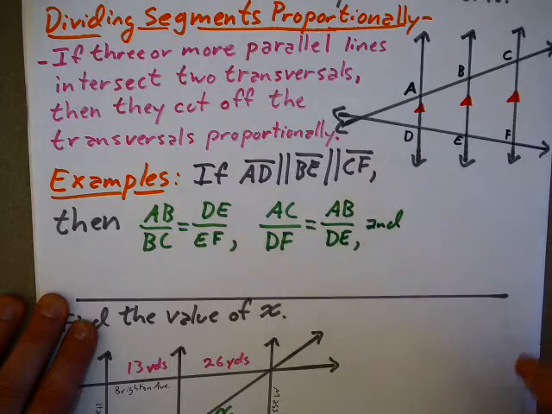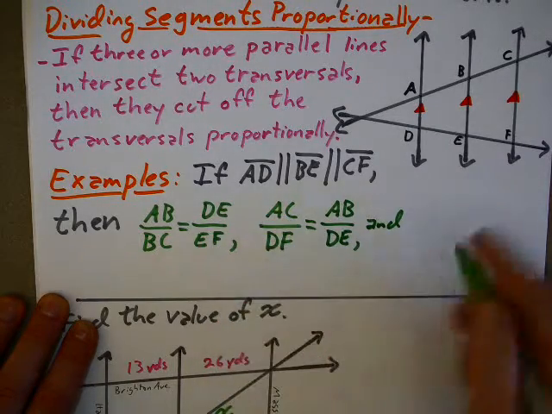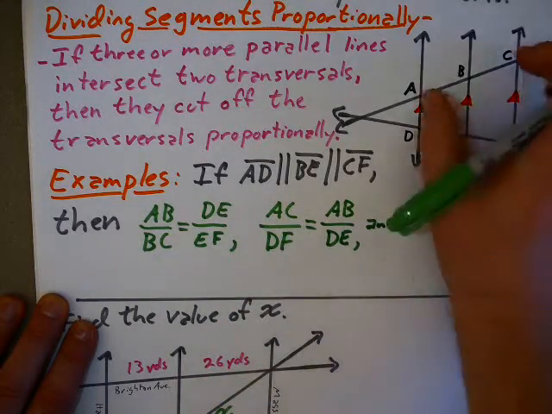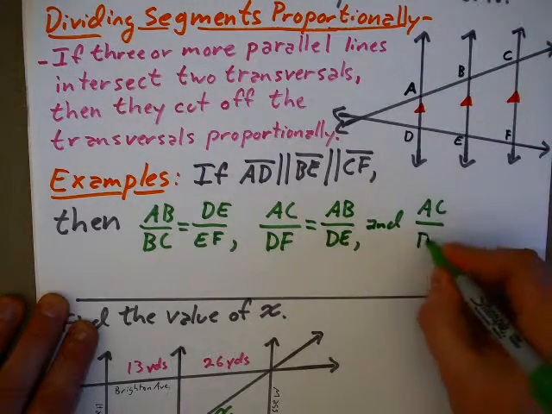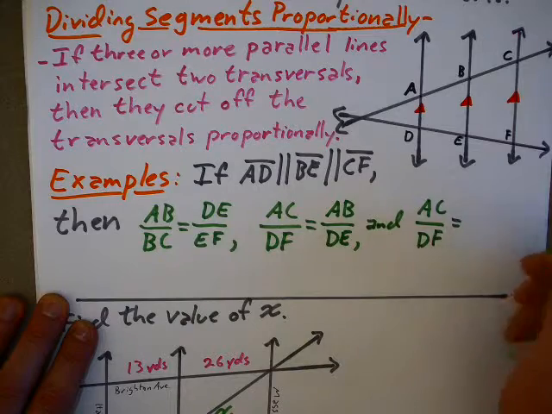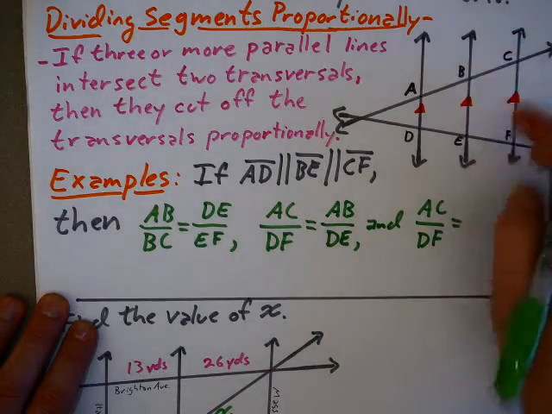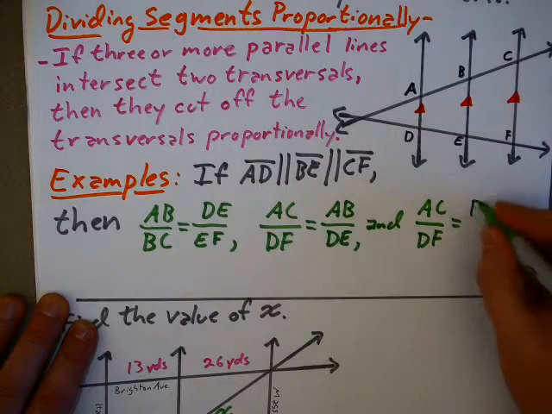And finally, again, we're going to use this proportion AC, the entire length there, over the entire length here, DF. And that's going to be equal to the proportion of BC over EF.